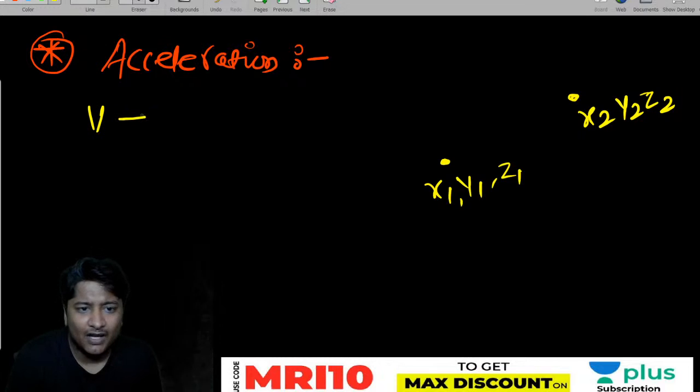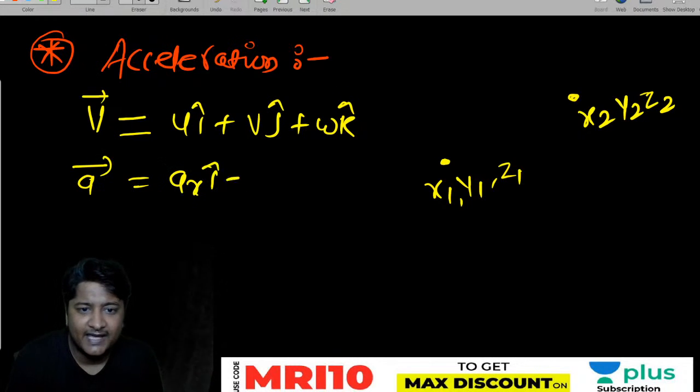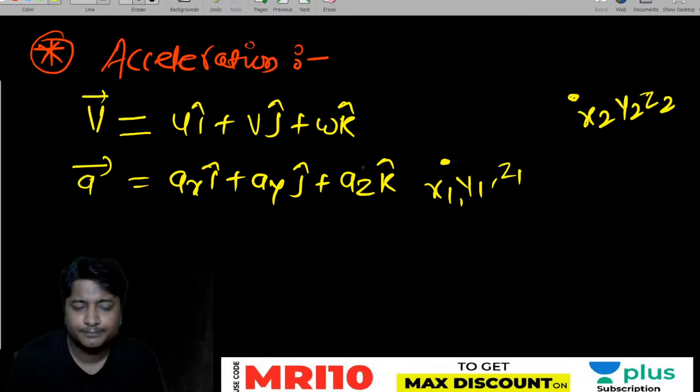If I am writing the velocity vector, it will be u i bar plus v j bar plus omega k bar. Similarly, if I am writing acceleration, it will be ax i plus ay j bar plus az k bar.